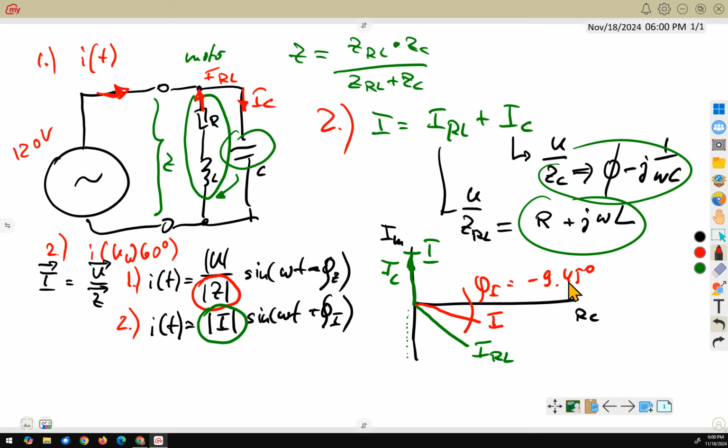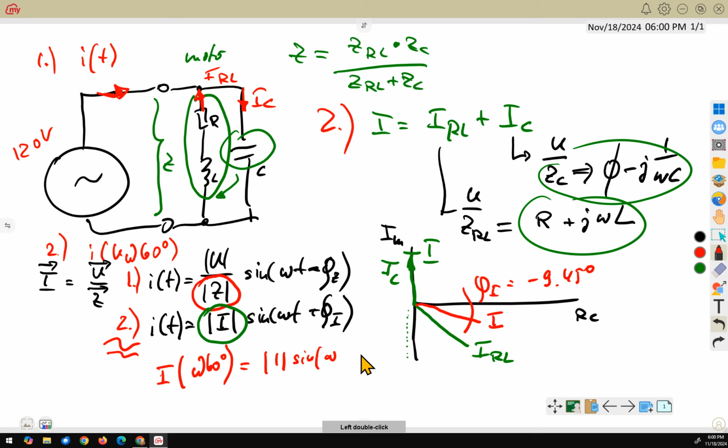Okay, and now for the second question, we can use this. The current at the 60-degree angle is the magnitude of the entire current times the sine of omega t.